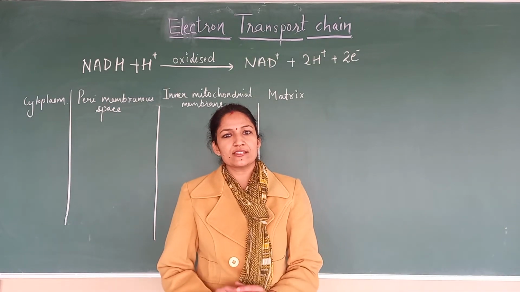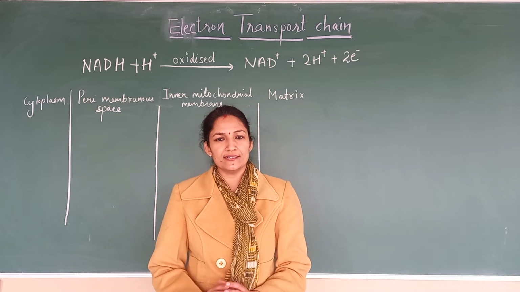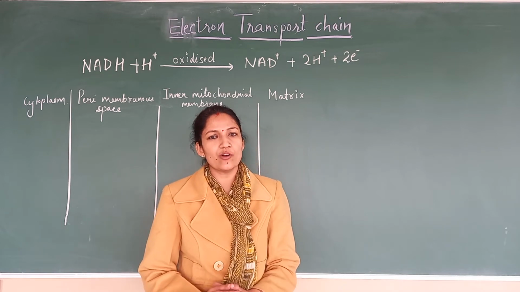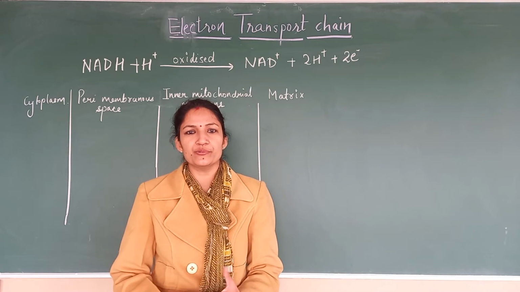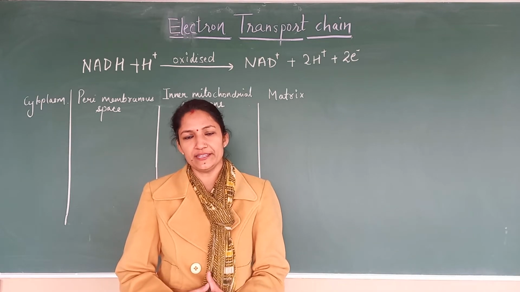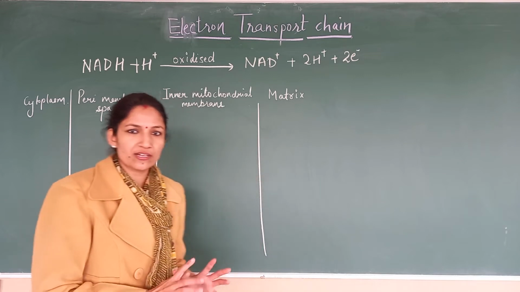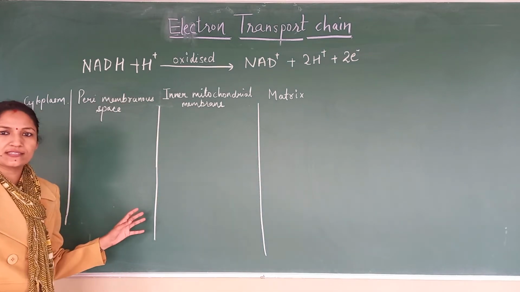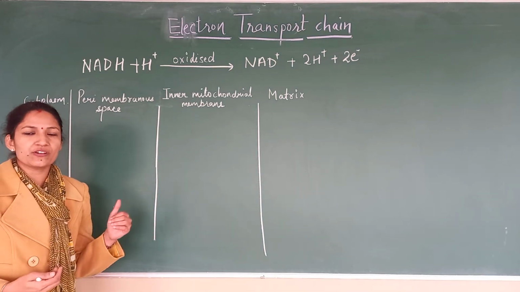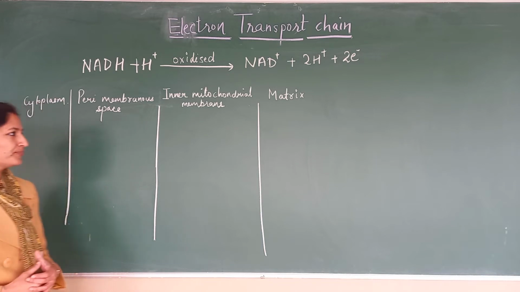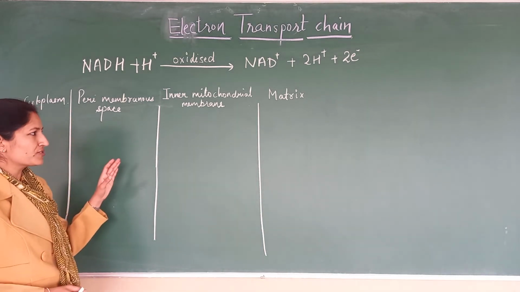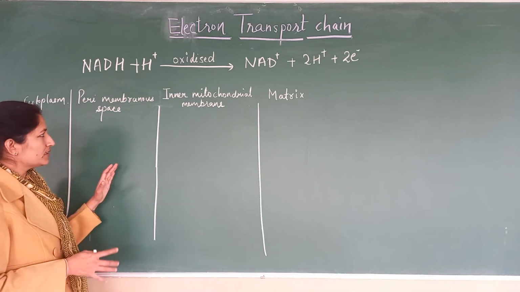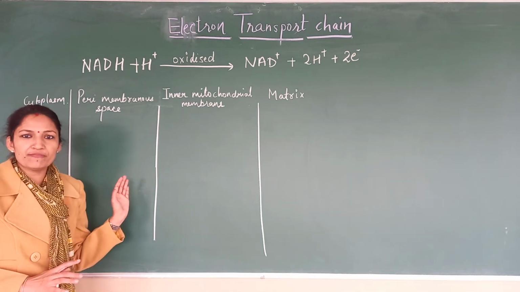As we have discussed the complexes present in the inner mitochondrial membrane, now we are going to see how these protons will help in generating ATP. So let's see the structure and the process, then we are moving to the steps of the electron transport system. This particular electron transport system is going to occur in the membrane of mitochondria.